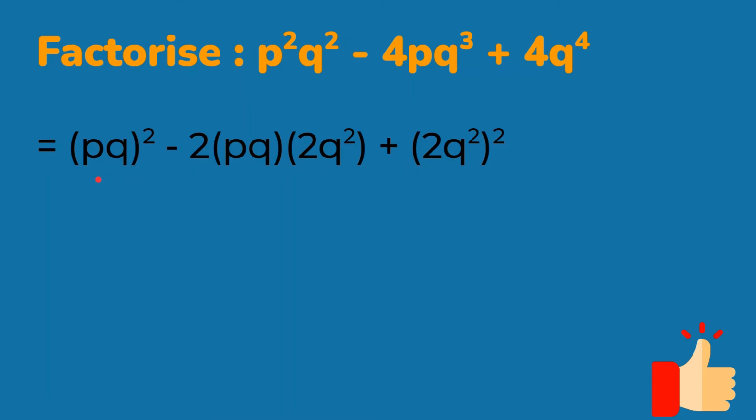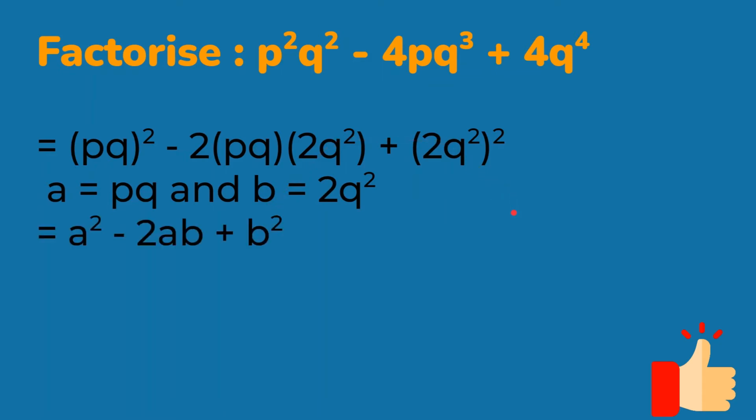Again, for a second, we'll assume that a equals pq and b equals 2q squared. So we'll substitute a here and b here and here. So we will get a squared minus 2ab plus b squared. And we have seen that a squared minus 2ab plus b squared is (a minus b) whole squared.